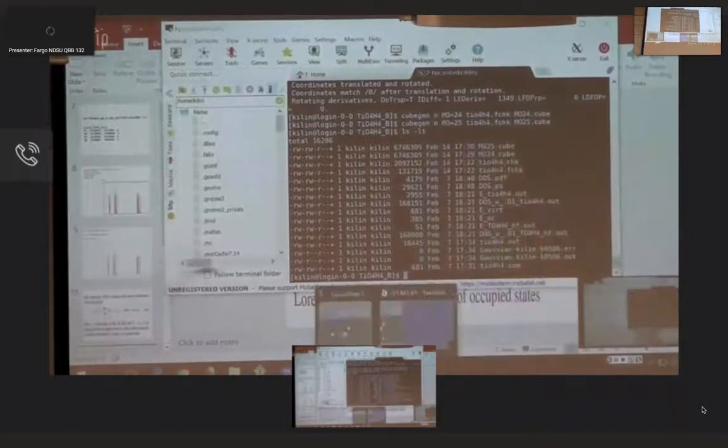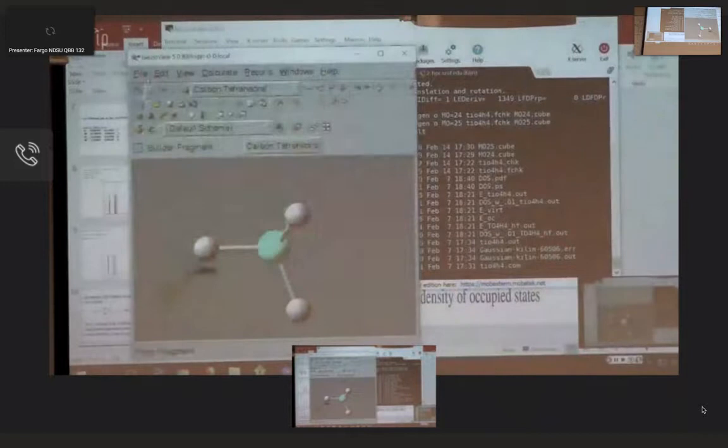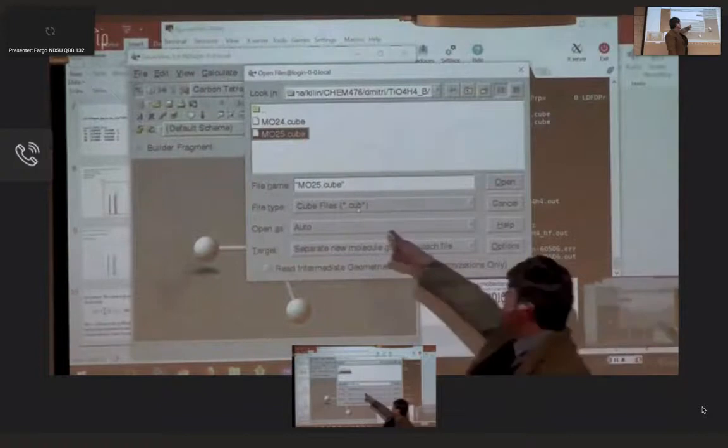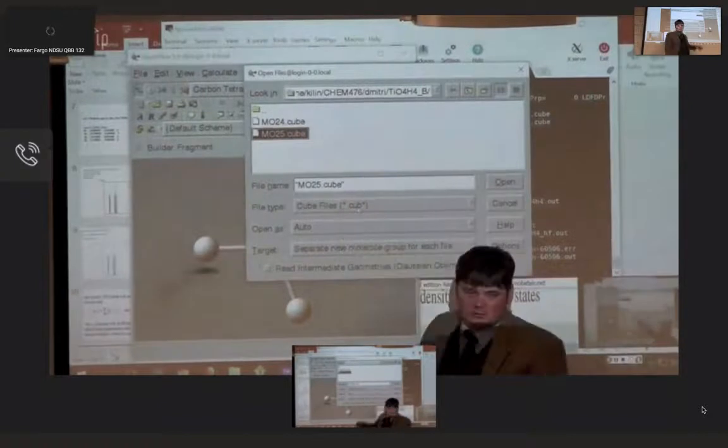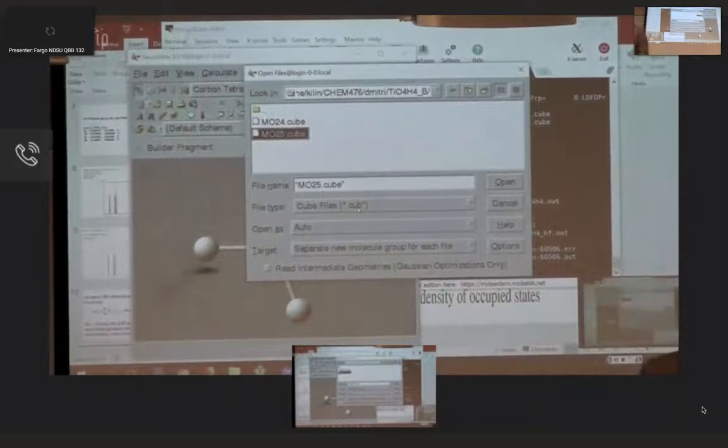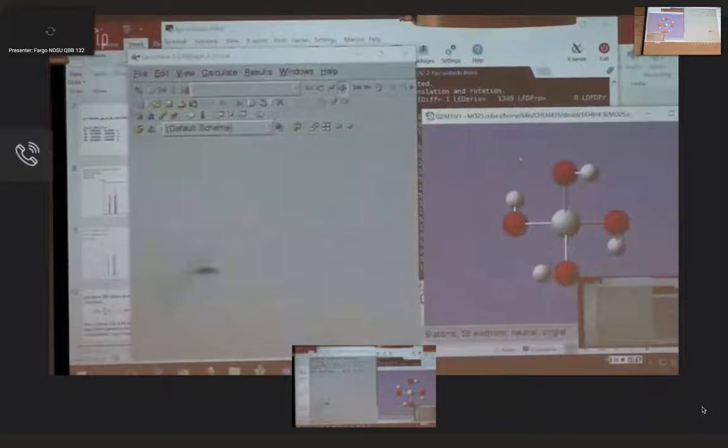So if I am in Gaussian, I open the cube file. Make sure that in the file type you select cube, which means it is a three-dimensional map. After you open it, you will see nothing. You will see just your model, but you shouldn't panic.